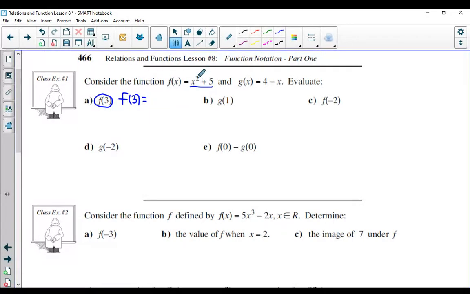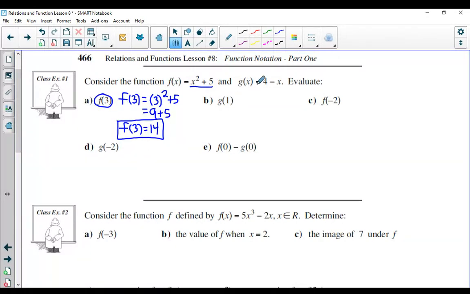Plug in 3 for x: you'd have 3 squared plus 5. 3 squared is 9, plus 5. Therefore, f of 3 would be equal to 14. And what this means is the value of the function when x is equal to 3 would be 14. 14 is the value of your output value y.